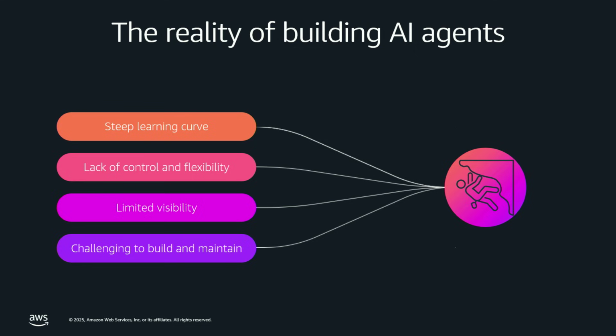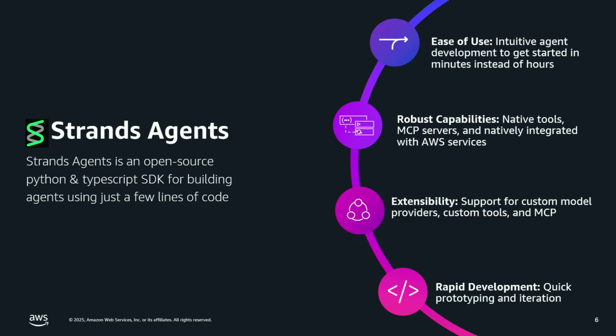How do I know what my agent is doing internally, which makes debugging harder? How do I make my agentic code modular so that I can run unit tests? These pain points led us to design a brand new agentic framework called Strands Agents, which was released early this year, and by now we have 3 million plus downloads.